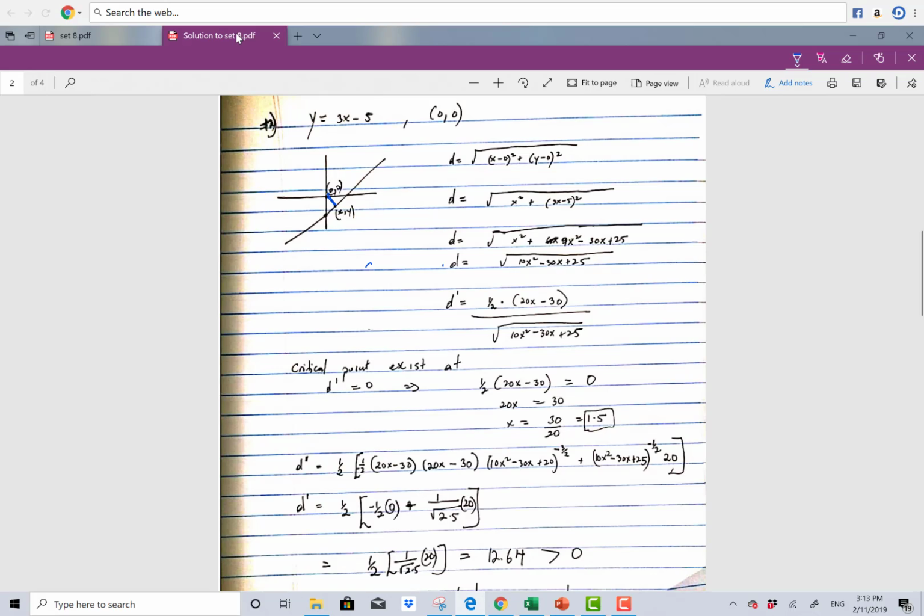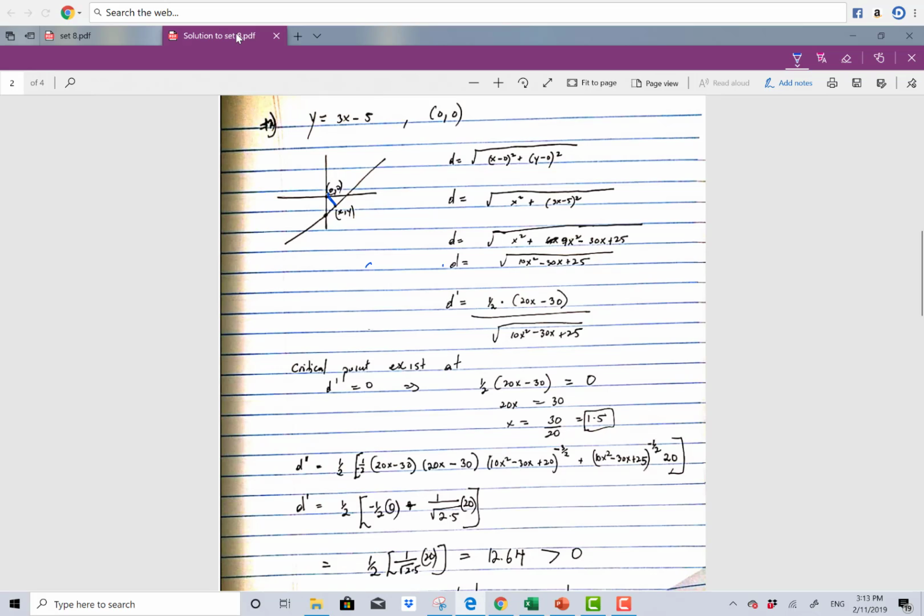Now, I know that y is also equal to 3x minus 5, so the y squared in the distance formula is the same thing as 3x minus 5 squared. So I'm going to expand that, and I get 9x squared minus 30x plus 25. Once I have that, I have x squared plus 9x squared, which gives me 10x squared minus 30x plus 25.